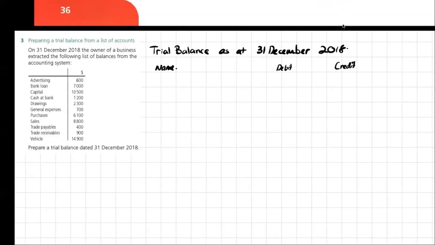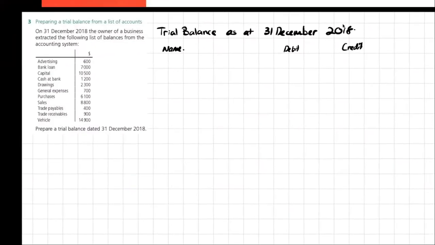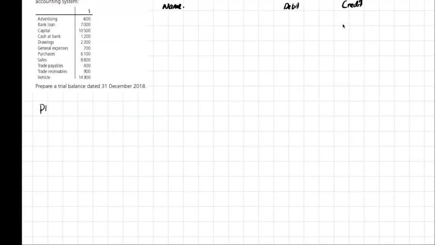So for this type of question, what you can actually do is use your PEARLS, which is the arrangement for your debit and credit. So we can have our purchases, expenses, assets, and then revenue, liabilities, as well as sales.